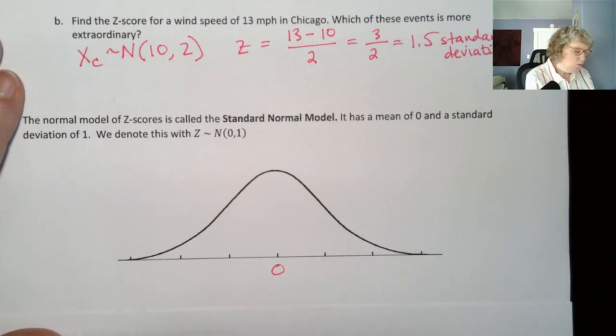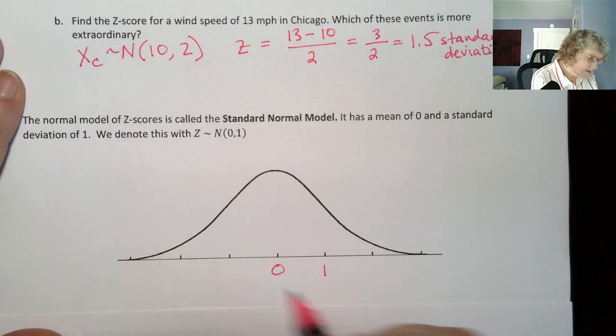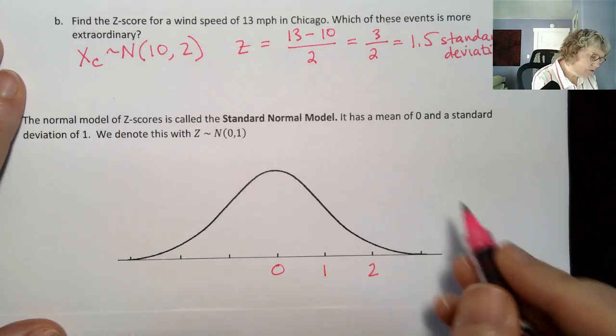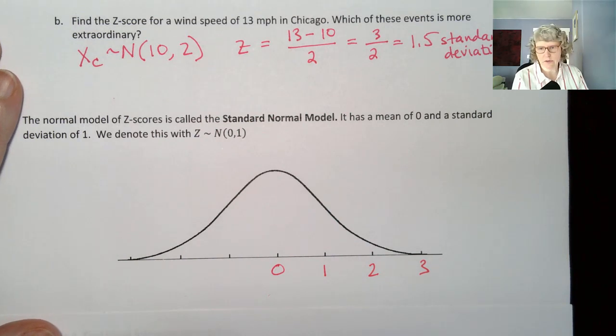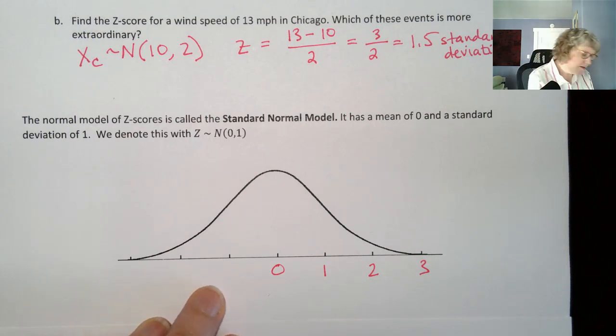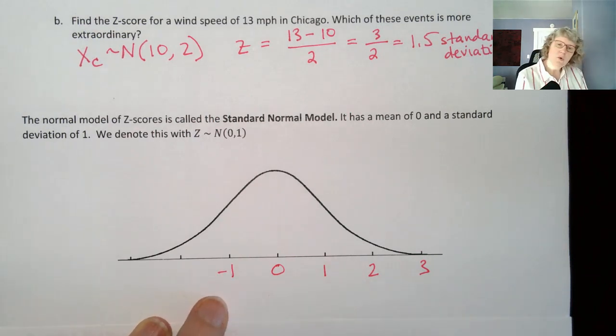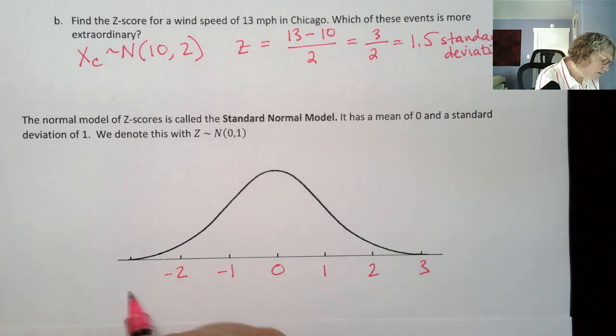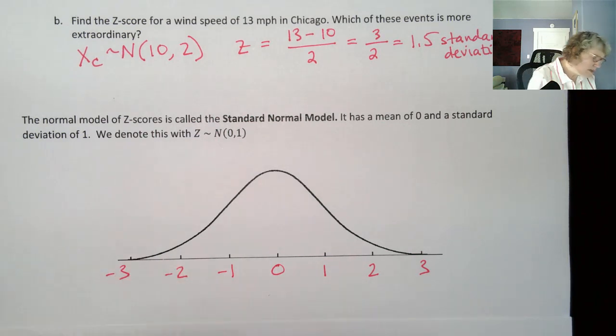Then 1 means 1 standard deviation above the mean, 2 means 2, and 3 means 3 standard deviations above the mean. And then for z-scores, we'll have negatives on the left side, because -1 means 1 standard deviation below the mean. -2 means 2 below, and -3 means 3 below.